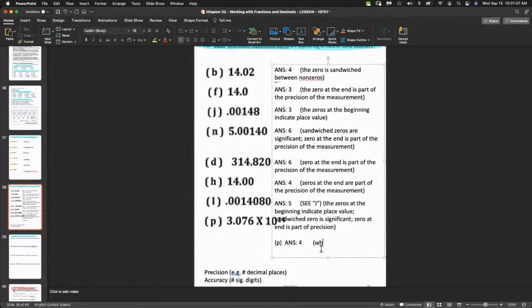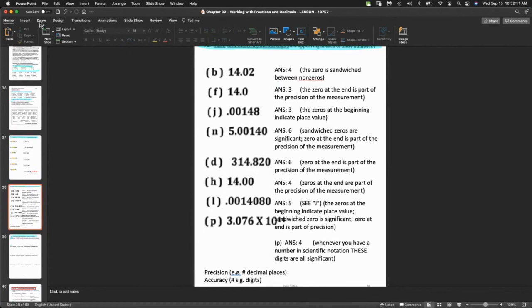And the explanation is this. I'll explain what these mean. I'm just going to color it right now.